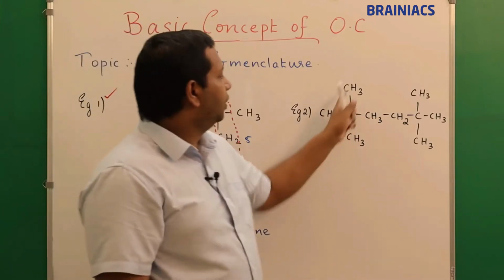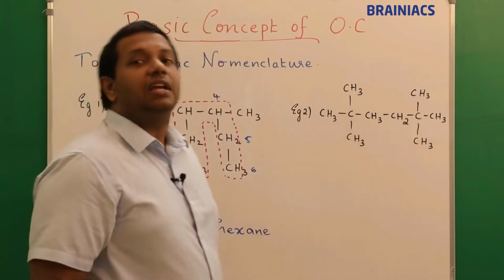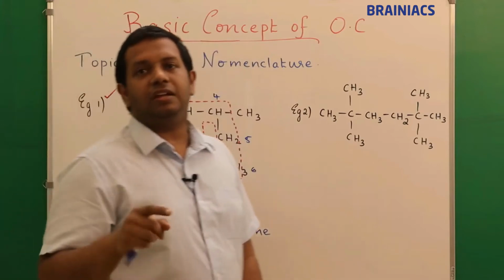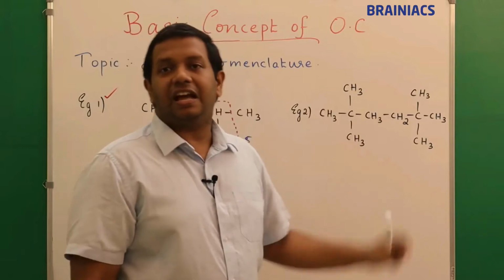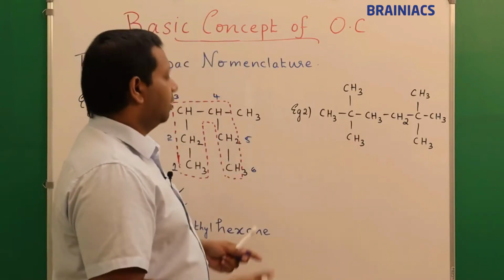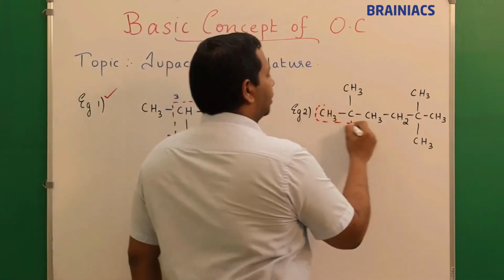No, in all the possibilities 6 is the maximum. If more than one chain has 6 carbons, what does the rule say? The rule says you choose the parent carbon chain that contains the maximum number of substituents. So for example, here I am going to choose this as my parent carbon chain.